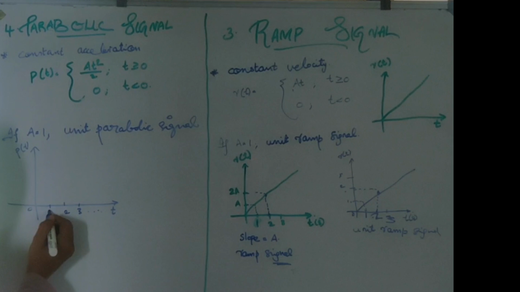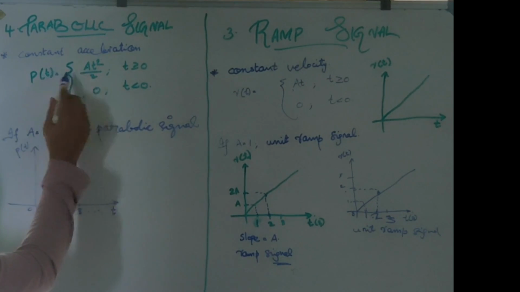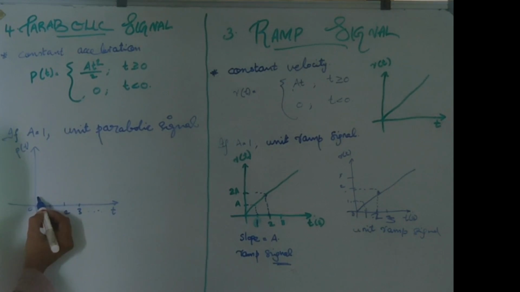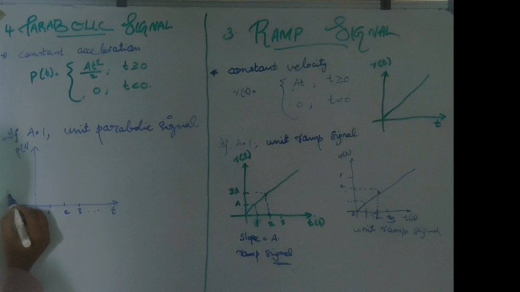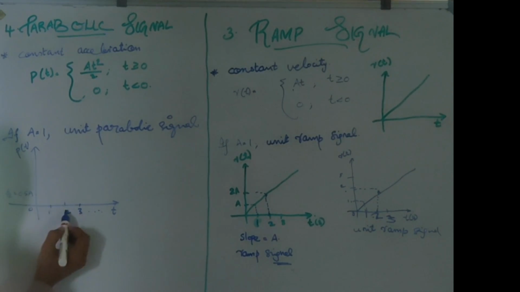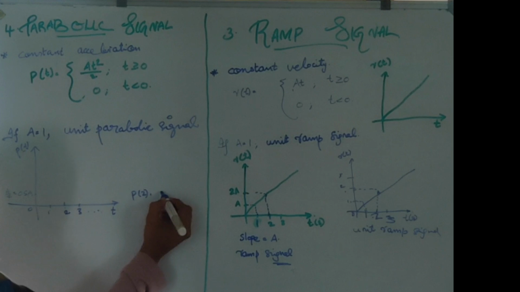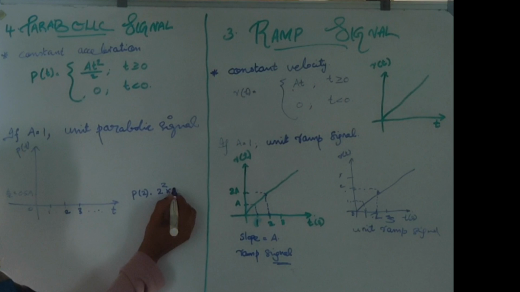And when t is equal to 1, p of 1 will be a by 2, that is 0.5a. And p of 2 will be what? p of 2 is equal to 2 square into a by 2.